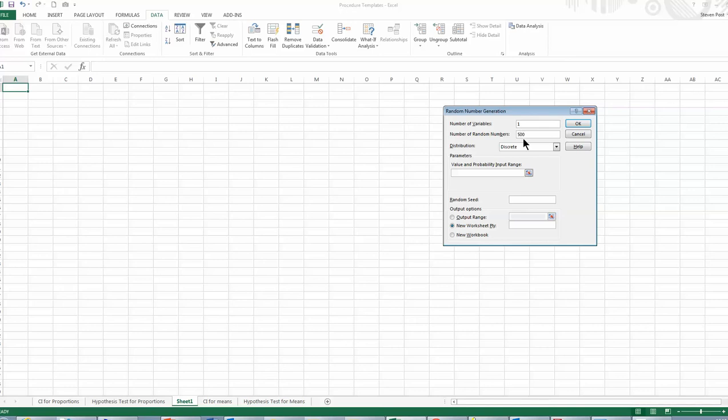So we're going to pretend that 500 researchers all went out and surveyed 1,000 people in our population where the proportion is actually 0.41. So 500 researchers, that's our 500 up here, are each surveying 1,000 people, and the proportion is actually 0.41, which would be 410 out of the 1,000.